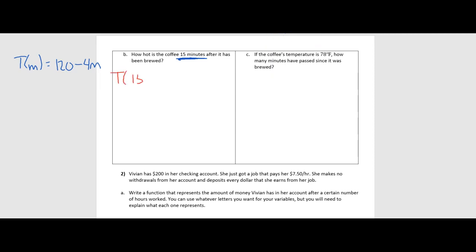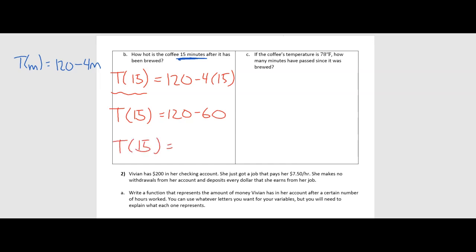So T of 15, what this represents is the temperature after 15 minutes, will be equal to 120 minus 4 times 15. That gives me T of 15 is equal to 120 minus 60. And I get T of 15 is equal to 60.